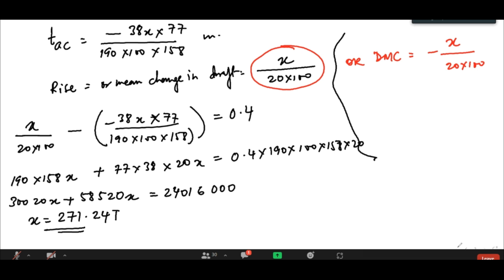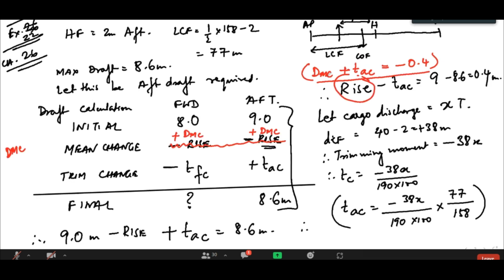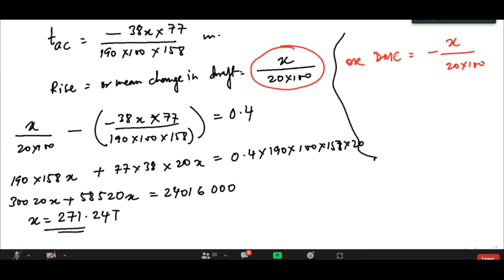Then this equation कैसे होगा? This equation will become DMC plus TAC is equal to इतना ना. So minus x by 20 into 100 and we have plus TAC होगा तो minus 38x into 77 by 190 into 100 into 158 and this will be equal to minus 0.4.